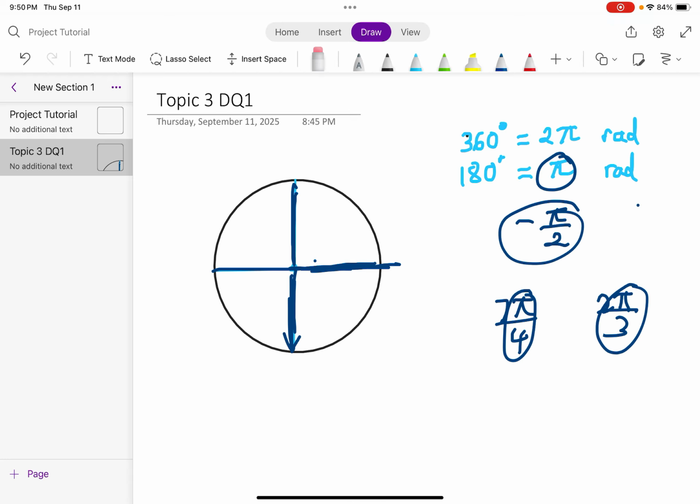So 180 is this much, right? Then what is pi fourth? Well, half of this is pi half, and then in order to get pi fourth, think of it this way: pi is 180, and then you have pi over 4.